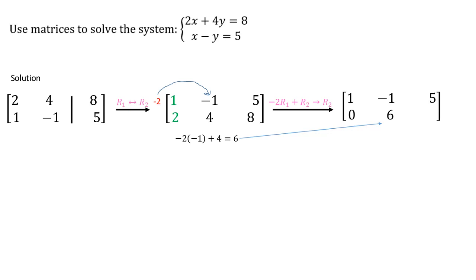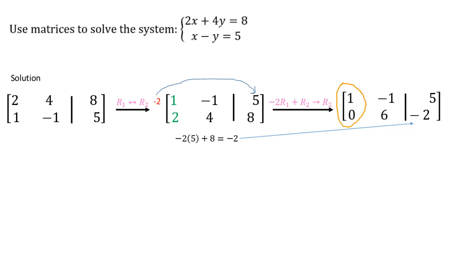Then again, negative 2 times 5 is a negative 10. Negative 10 plus 8 is a negative 2. So you see, I'm on the right track. I have a 1, 0 here. Now what I want is a 0 here and a 1 here.